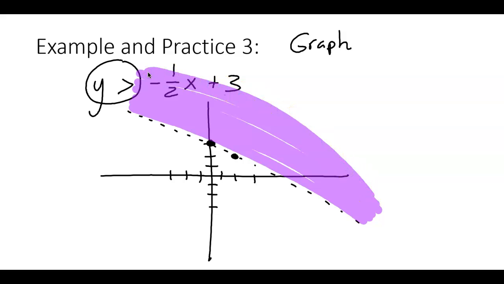Like if you were to plug in this point here, don't write this, but 3, 5. Let's say I pick that point. If you plug it in, it'll come out saying something true, like 10 is greater than 7 or something like that. But if you picked a point down here and tried plugging it in, you get something funky, like saying 2 is greater than 11, which doesn't make sense. So there you go. So that's how you graph an inequality.